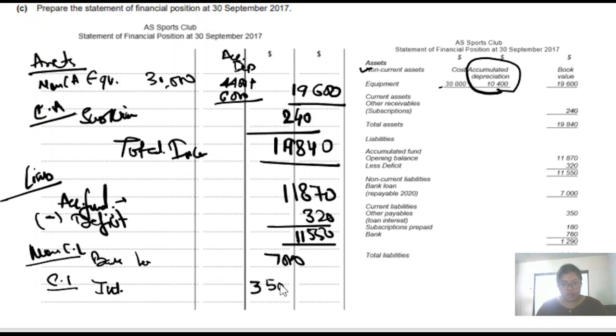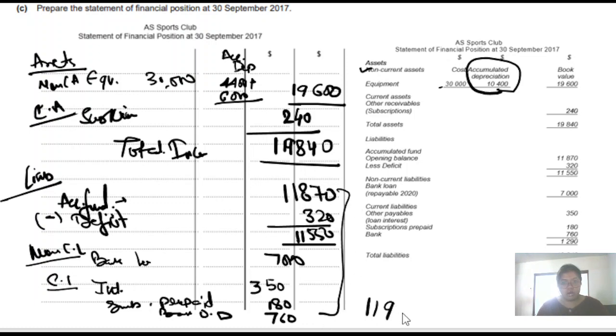So write it down here, 350. Then you have subscription prepaid, so you write 180 here, and then bank overdraft, which is 760. After adding all the values, your asset side and your liability side should be equal.